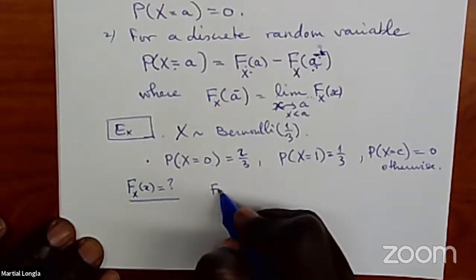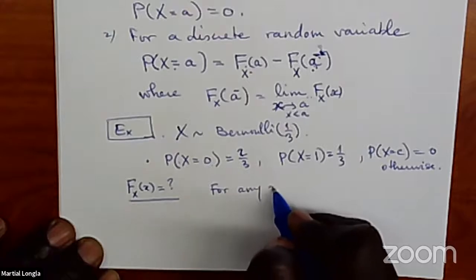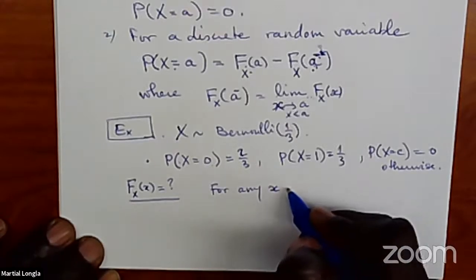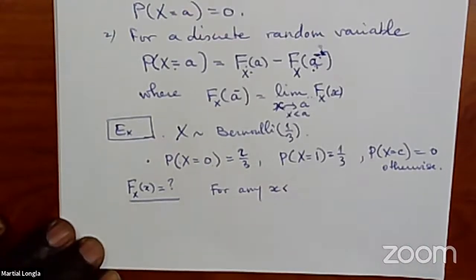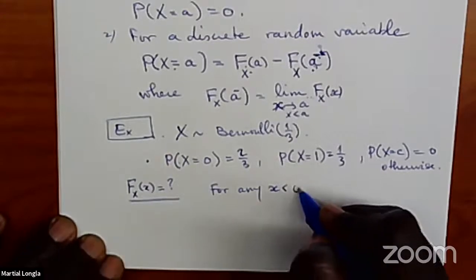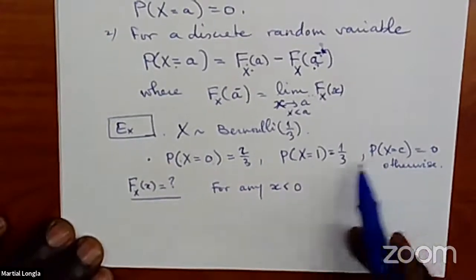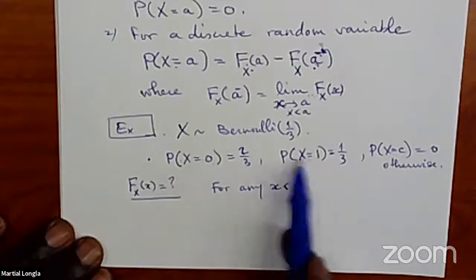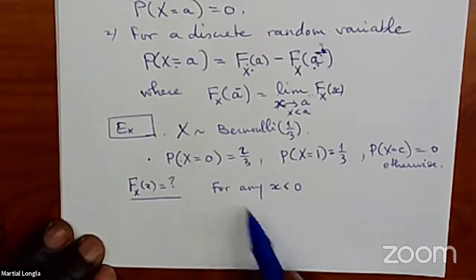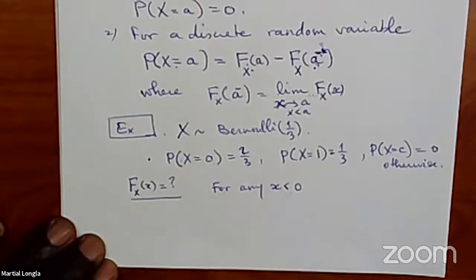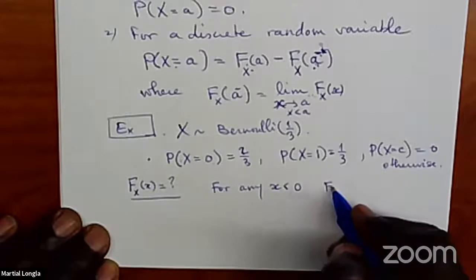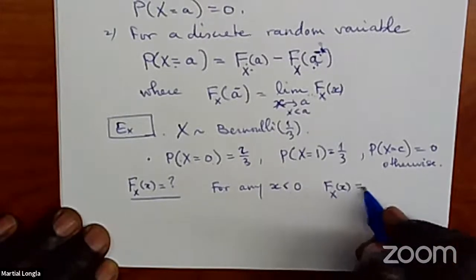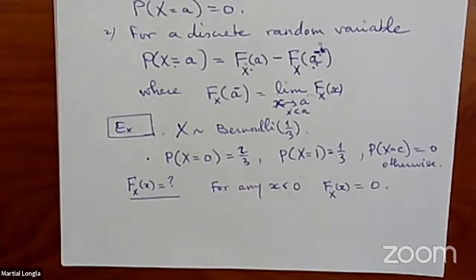For any x strictly less than 0, because 0 is the smallest value of that random variable, F_X of x is 0, right? Because we haven't started touching the variable yet.